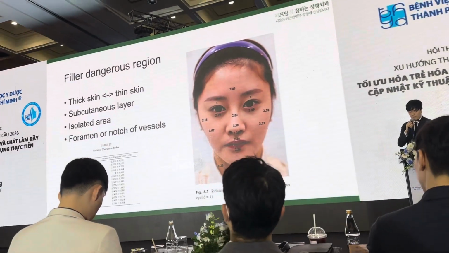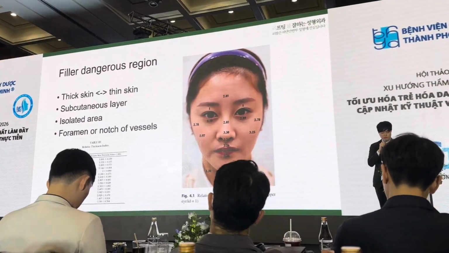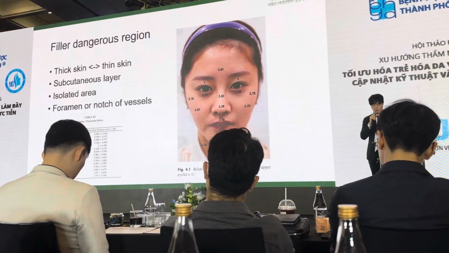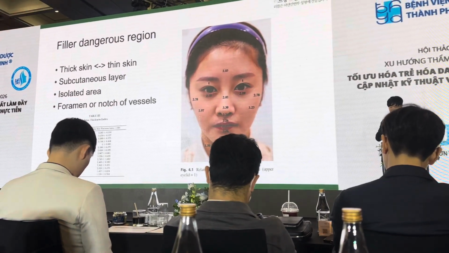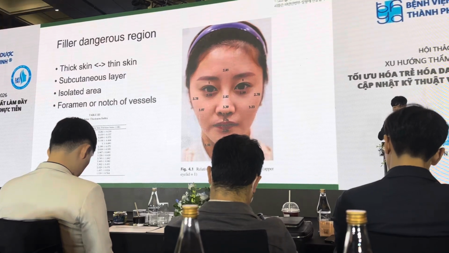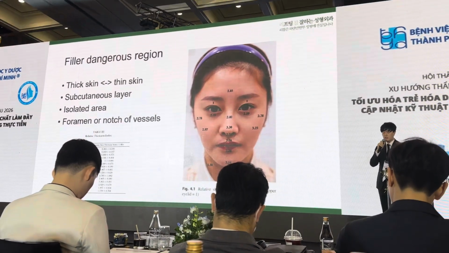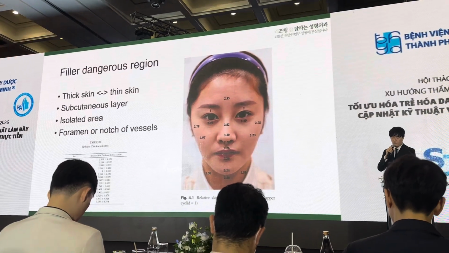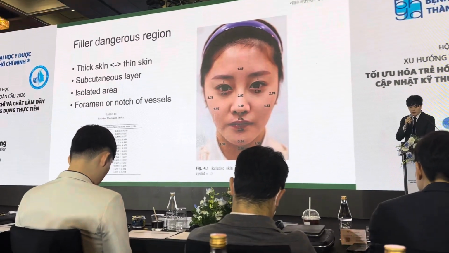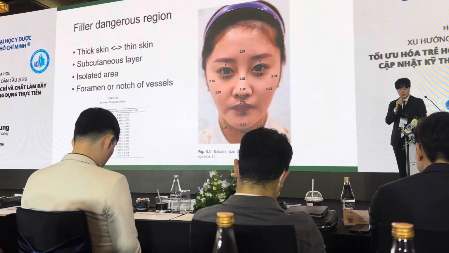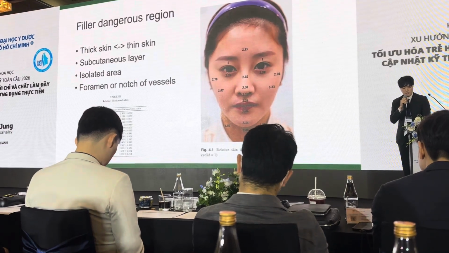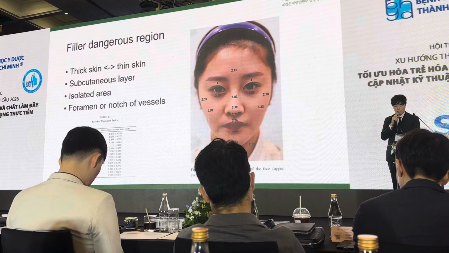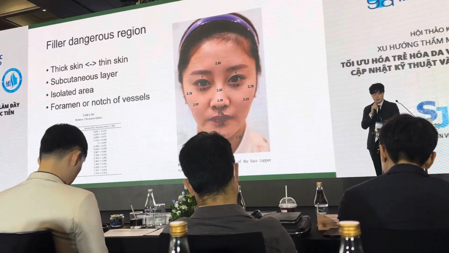Now, let's look at filler danger zones. When filler is injected into thick skin, internal pressure rises, so we must be extremely cautious in this region. If we set the upper eyelid thickness as 1, then areas such as the glabella, nasal tip, and chin have relatively thick skin, and thus are high risk zones.